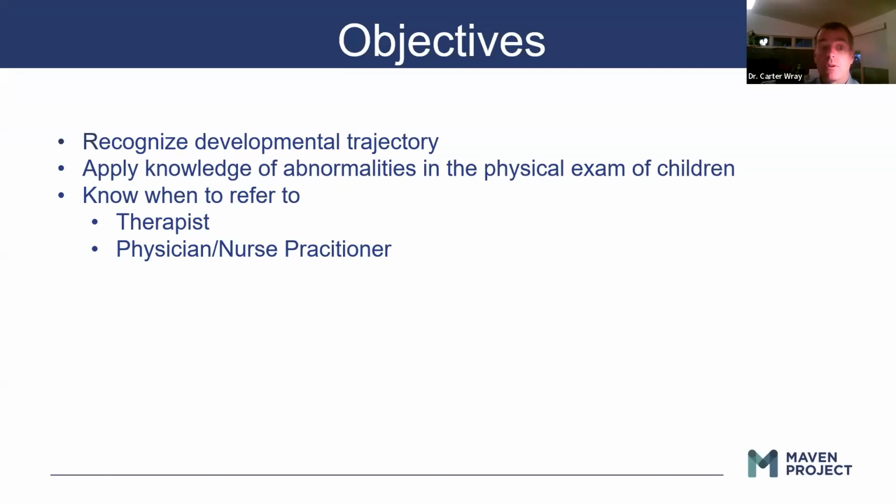And also knowing when to refer them. Kids sometimes benefit predominantly from seeing a therapist, and we'll talk about the therapist role versus that of the physicians or nurse practitioners who might be specialists in various developmental problems.